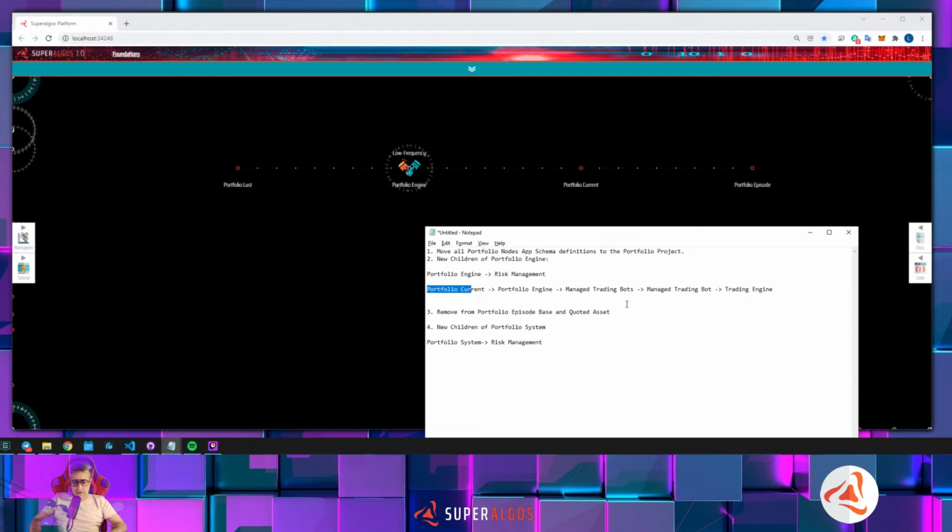And this is not in the right order. Portfolio engine, portfolio current, managed trading bots, managed trading bot, trading engine. And this trading engine is the same node that we already have, and from there we know all the structure inside there.